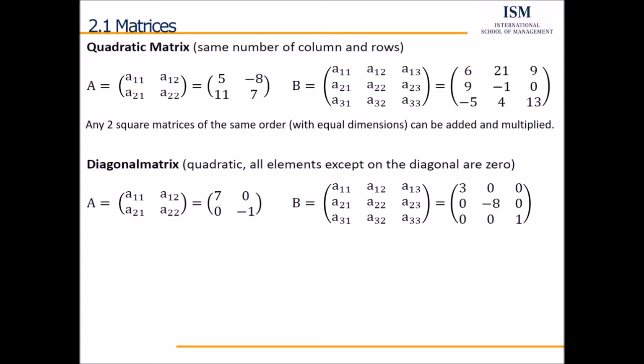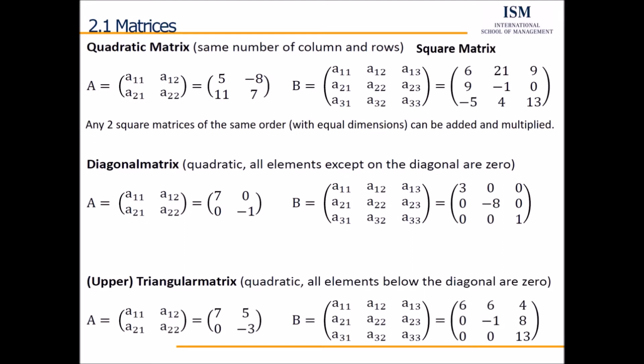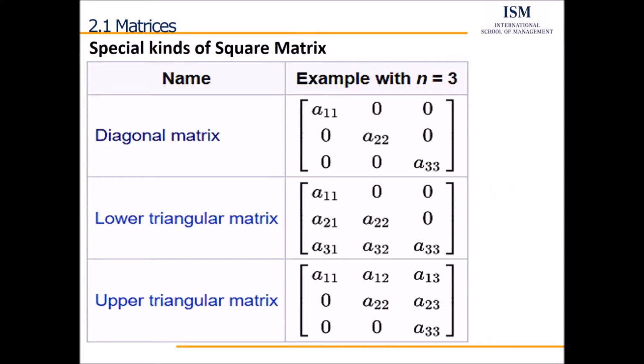The second important kind of special square matrix is the triangular matrix, where all the elements below the diagonal are zero, and this is especially the case of the upper triangular matrix.